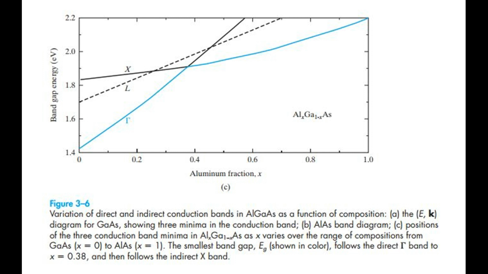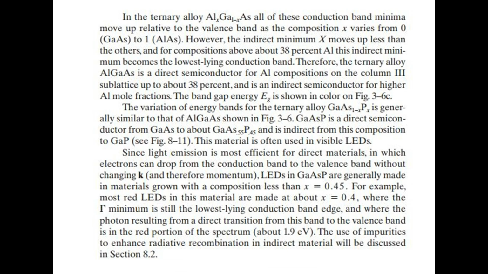The smallest band gap, Eg, shown in color, follows the direct band to x equals 0.38, and then follows the indirect X band. In the ternary alloy aluminum x gallium 1-x arsenide, all of these conduction band minima move up relative to the valence band as the composition x varies from 0, GaAs, to 1, AlAs.